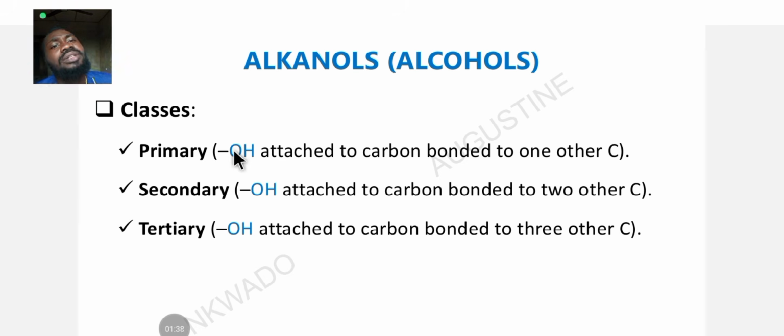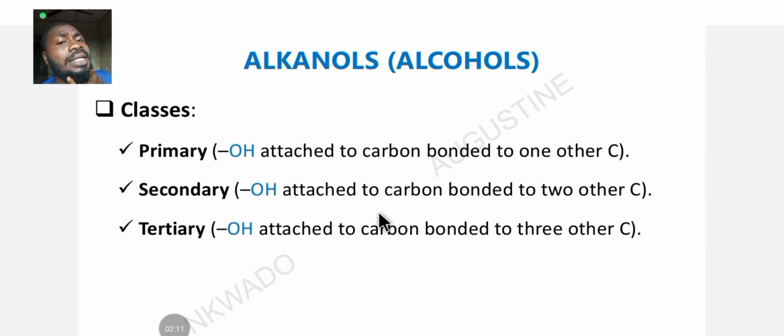Then for the secondary alcohol, the hydroxyl is attached to a carbon bonded to two other carbons, unlike the primary, which is attached to a carbon atom bonded to just one carbon atom.